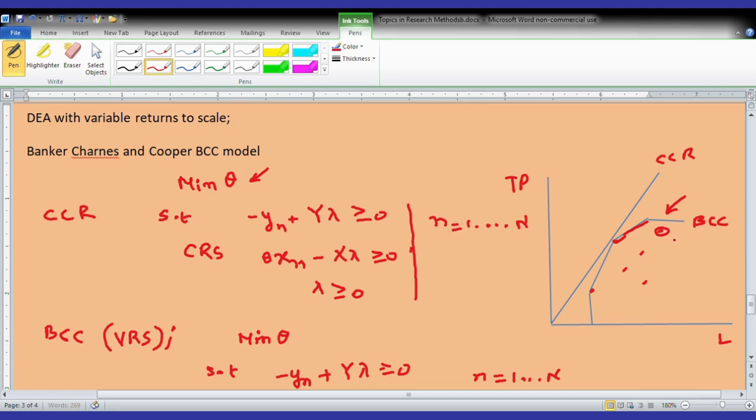Call this one point P, then take this point on the variable returns total product curve and call it PV, and take this point on the constant returns to scale total product curve and call it PC.